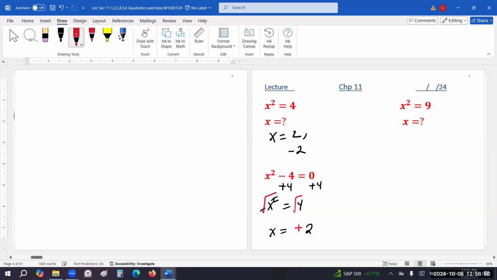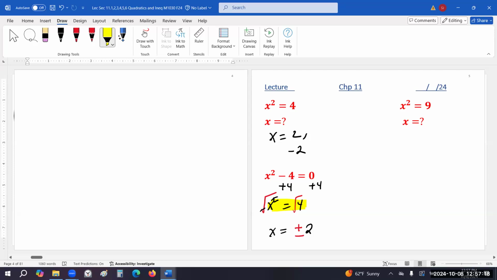It's plus and -2. So when we solve x squared equals 4, that means x is plus or minus 2. This will be true for every case except one. X squared equals any number, you're supposed to get 2 solutions, except when x squared is 0.